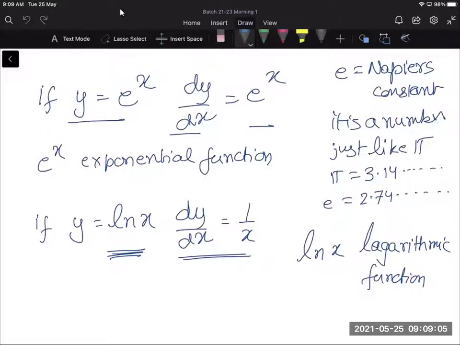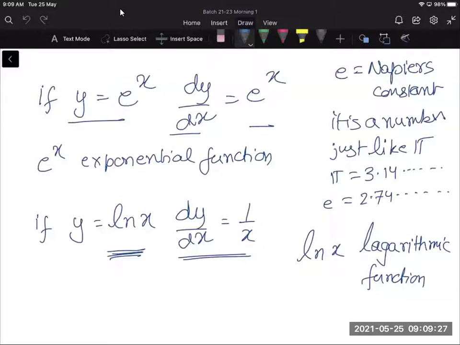Okay, so in the last class, we were at the end of the standard table of results. If you remember, I was talking about this exponential function and the logarithmic function, right?